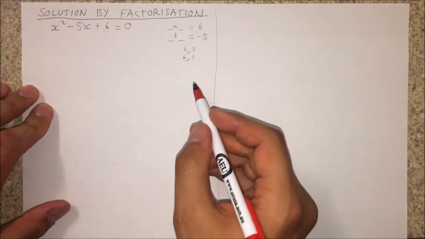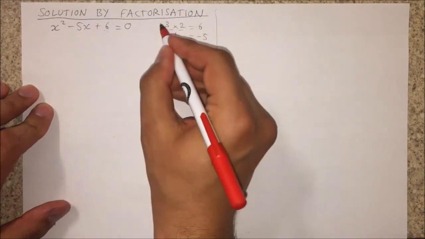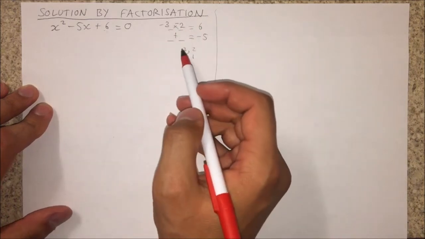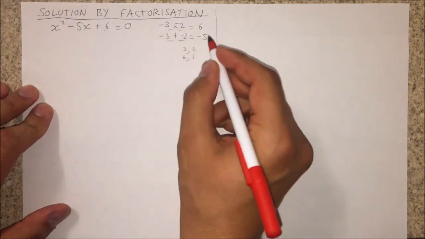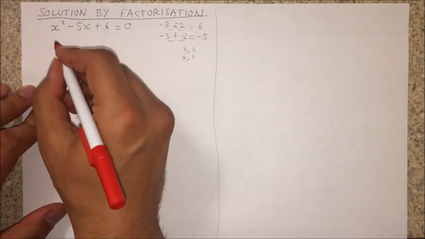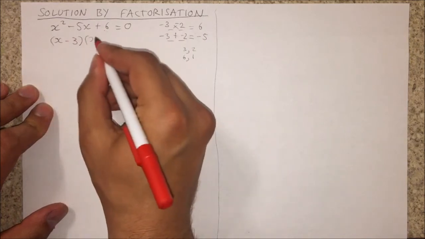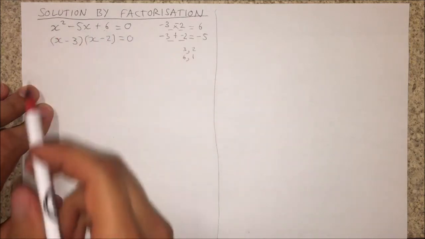So we can see that it's going to be -3 and -2 to give us +6. And then -3 plus -2 is going to add up to give us -5. So x take 3, x take 2 works to factorize this quadratic equation.